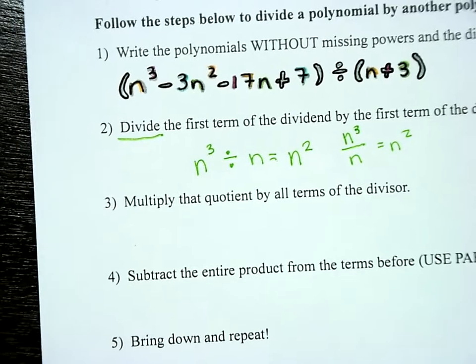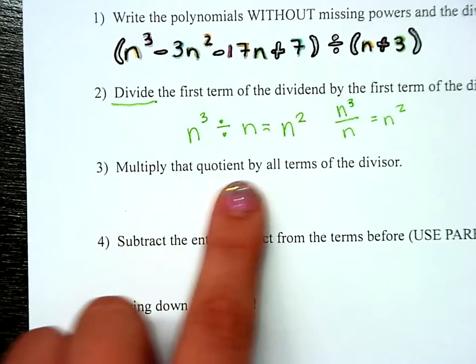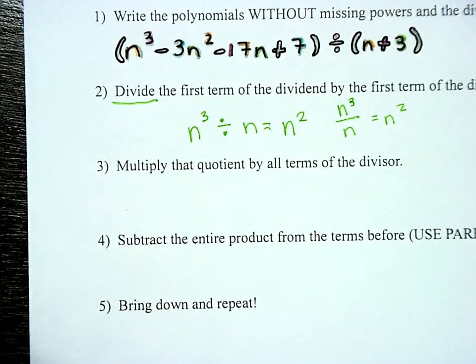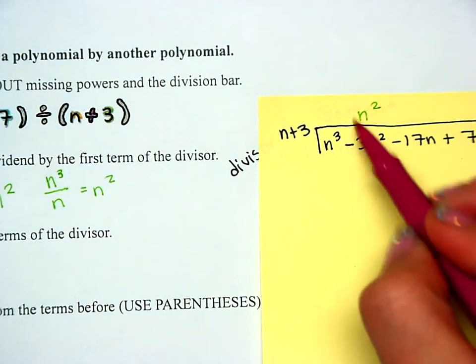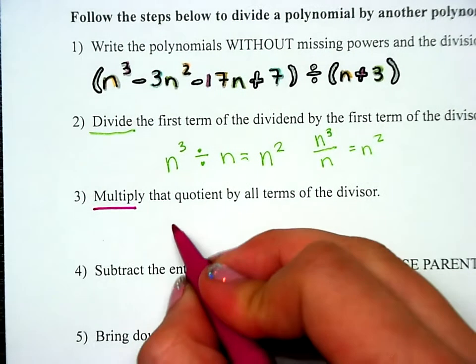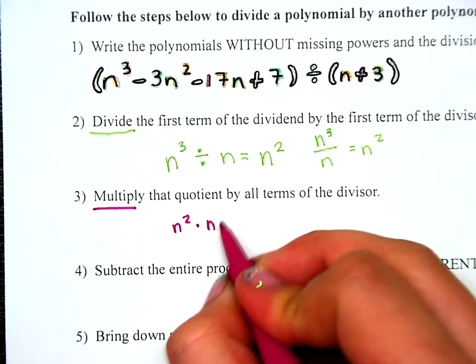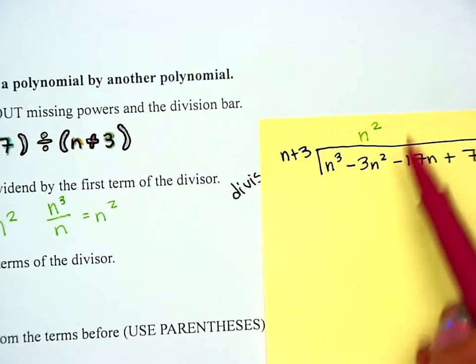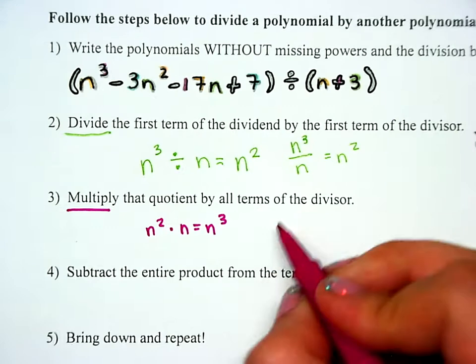My next step is to multiply that quotient by all terms of the divisor. So multiply in purple. We're going to take this quotient right here, and we're going to multiply by both terms here since I have two. So the first one is n squared times n. That gives me n to the third. And then my second one is n squared times 3.